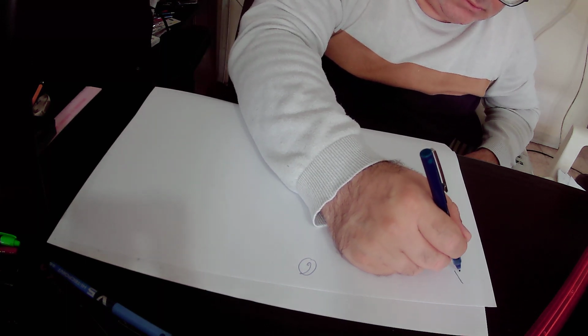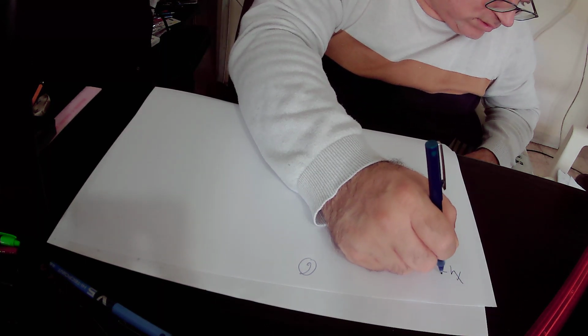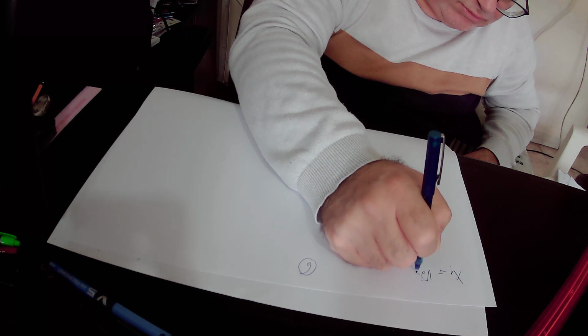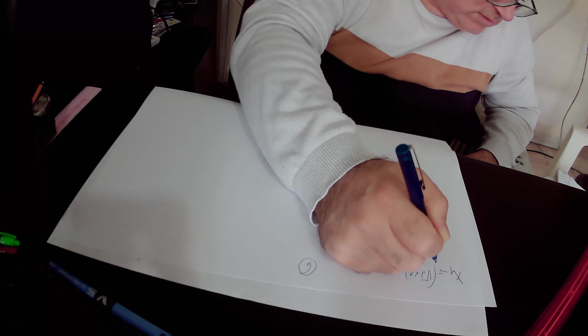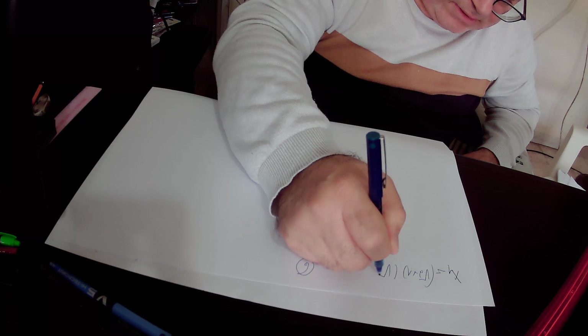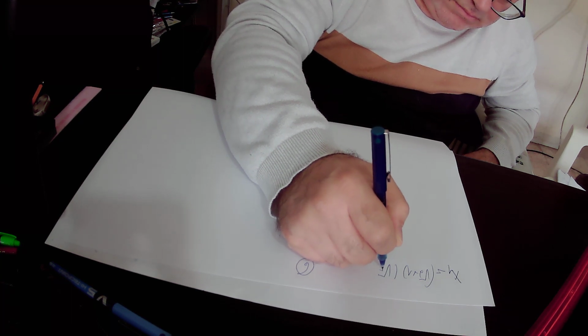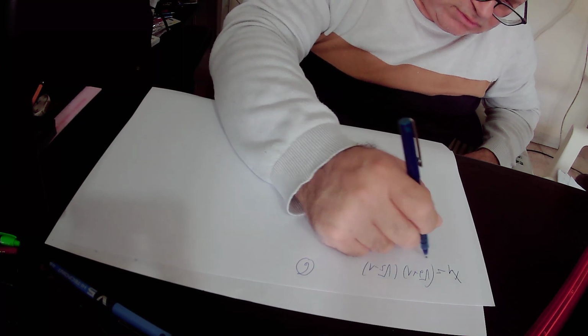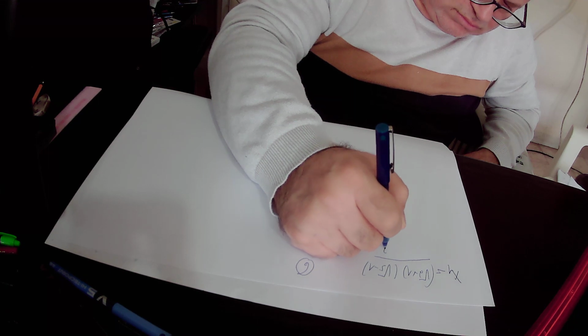So we have already found out that x1 equals (square root of 2 plus 1) times (square root of 5 minus 1), all divided by 2.